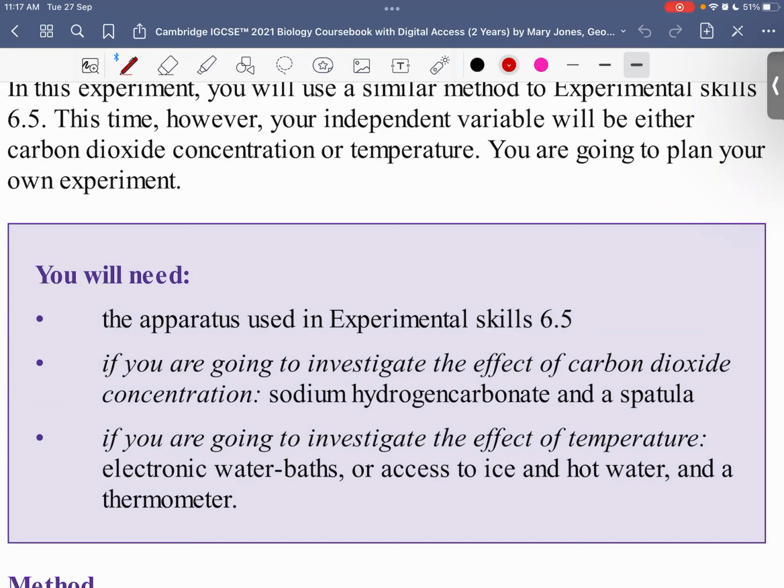So I am also going to add this. Sodium hydrogen carbonate is a source of carbon dioxide in an experimental setting.